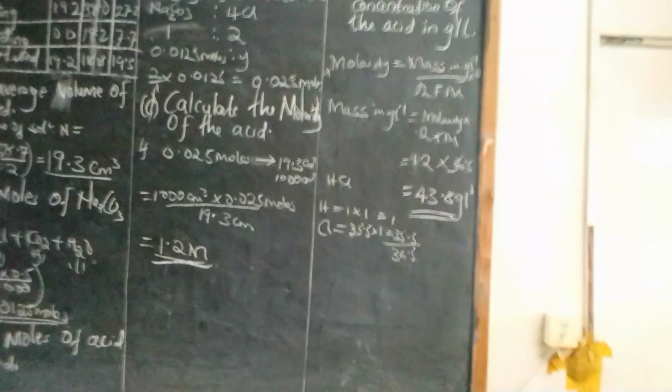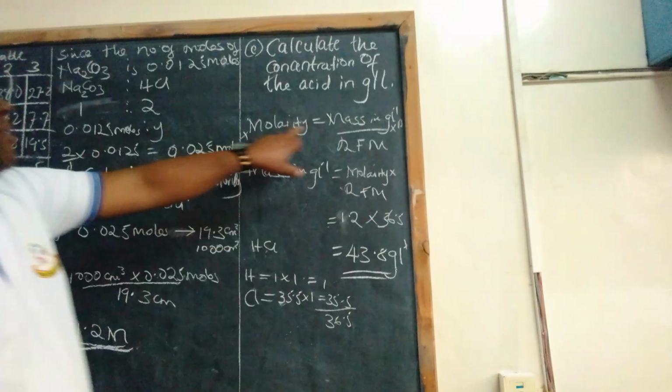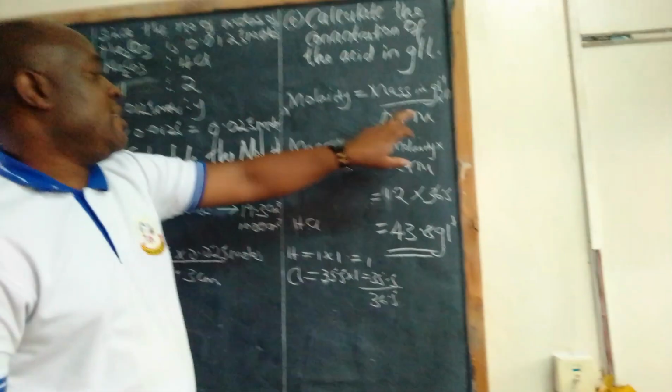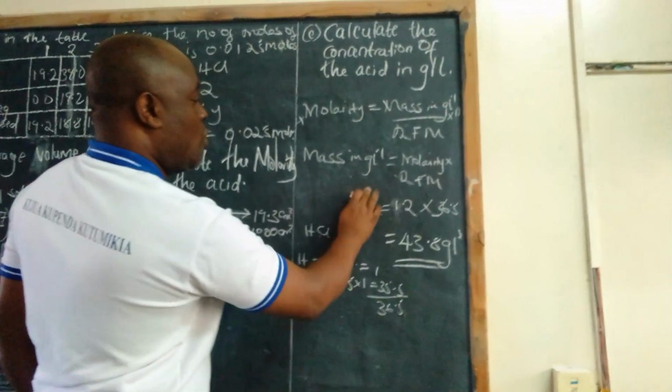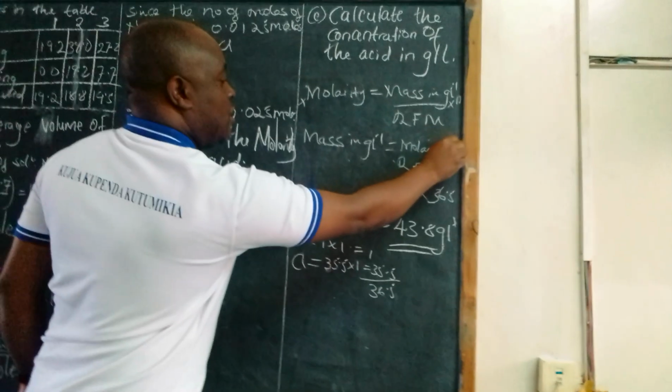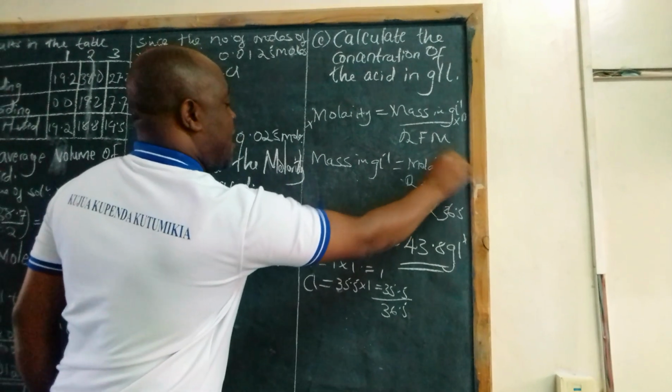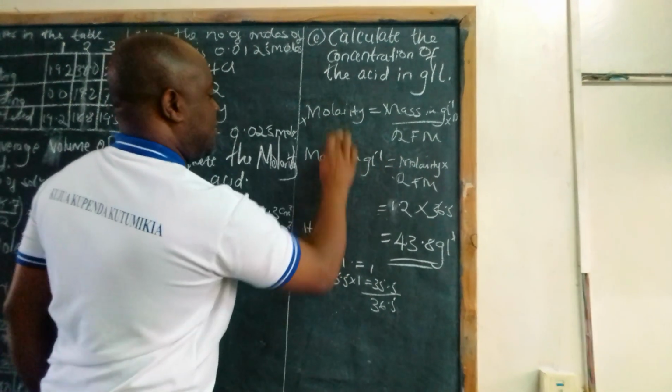Last but not least, we calculated the concentration in grams per liter. I just want to make a slight correction here. We asked ourselves: if the molarity is equal to the mass in grams per liter divided by the RFM, then multiplying both sides by the RFM makes the mass concentration the subject of the formula.